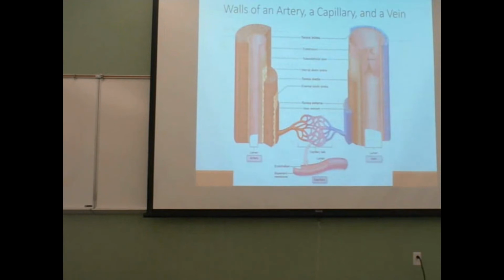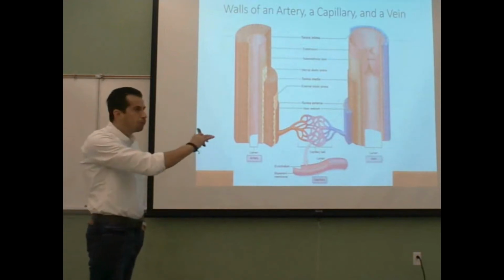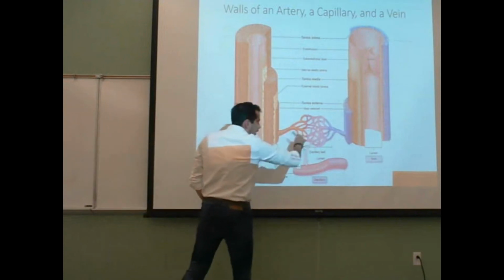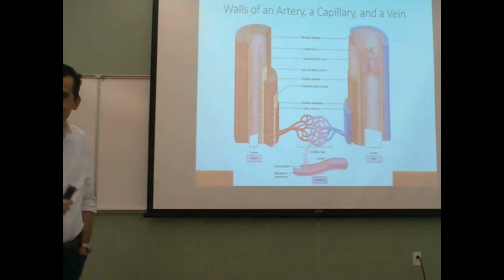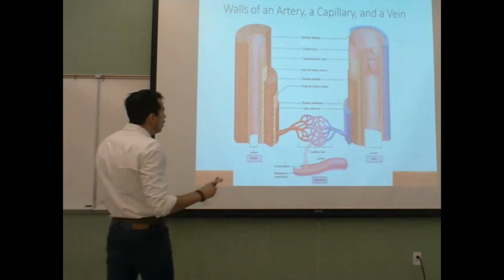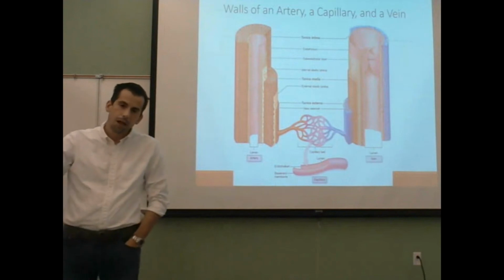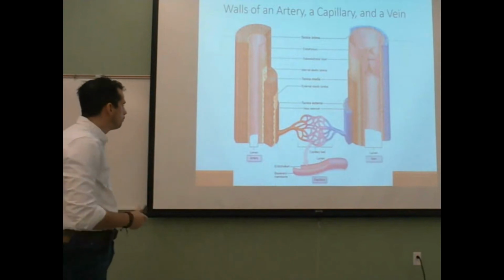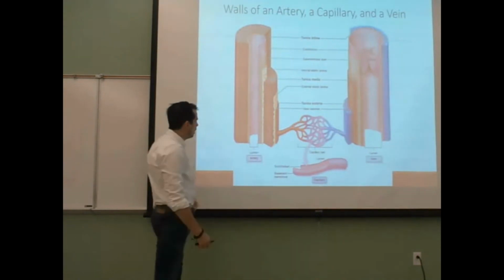So if we bring them up side by side, we start to see a little bit of that stark contrast. Same 3 layers in artery versus vein, but not all layers are created equally. Most notably, we're going to look at the tunica media and the tunica intima. The tunica media being the muscular layer.